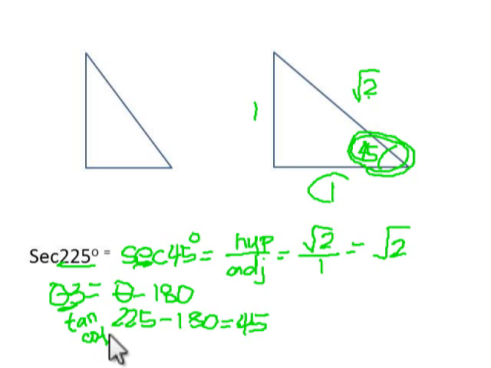Okay? So, therefore, si second function na nasa quadrant number 3 will have a negative answer. So, negative value. So, ang final answer natin dito, second 225 is equivalent to negative square root of 2. Okay? So, nakukuha na ba yung pattern? Last one.